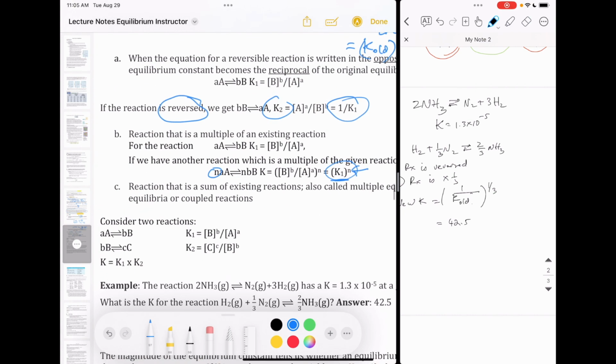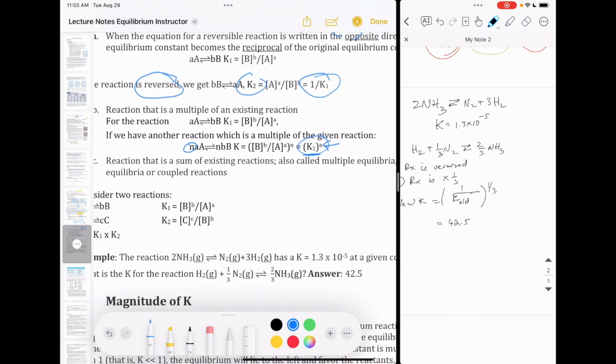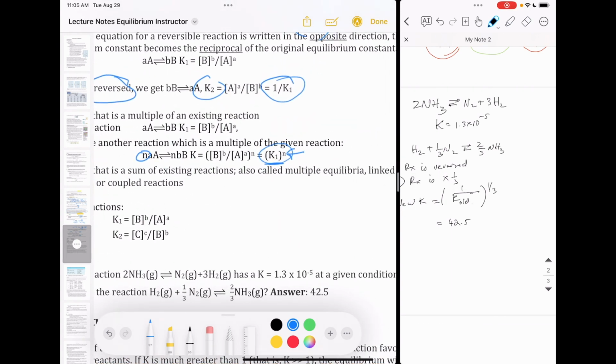All right, now let's talk about the third type of manipulation that we often see, which is when you add reactions together. So this often happens as well in equilibrium situations. Let's say you have A goes to B and you have another reaction C goes to D, and you add the two reactions together. The resulting reaction is something you're interested in. So this becomes A plus C goes to B plus D. Now you might imagine if this is K1 and that's K2, what is the new K here?